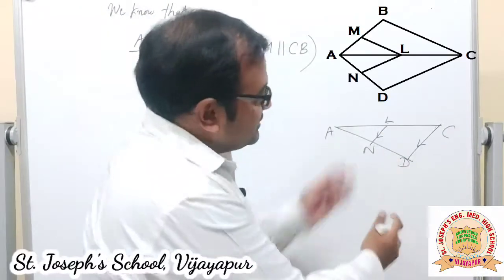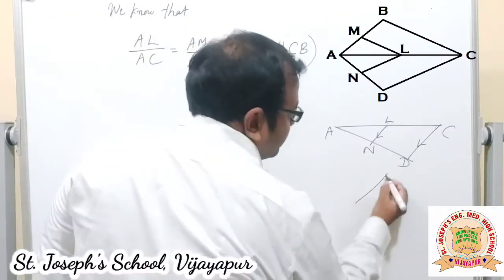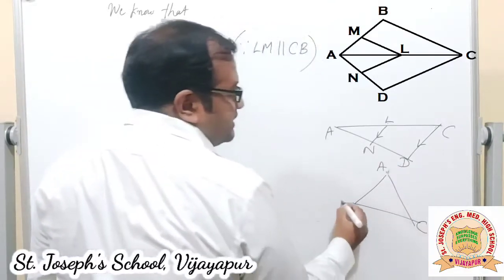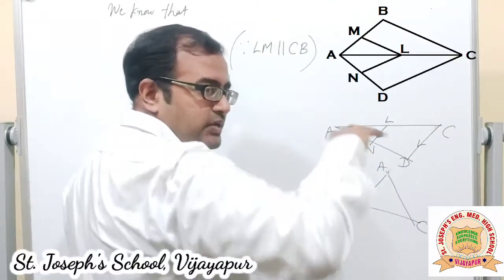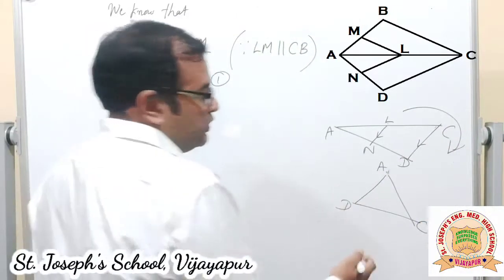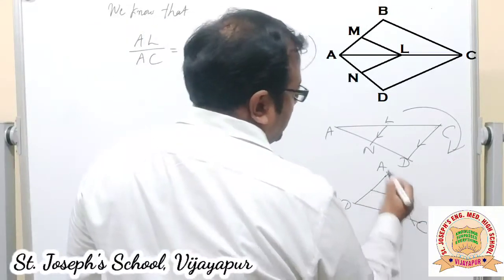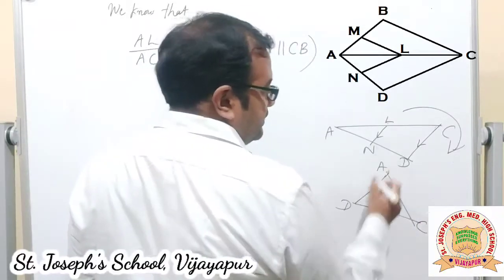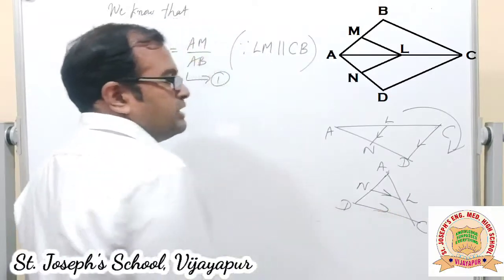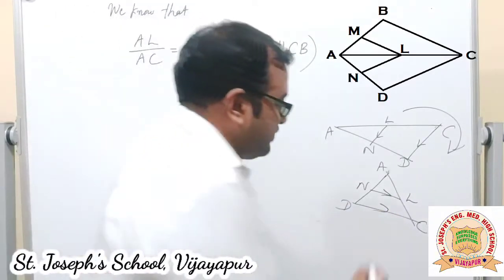So if I rotate this triangle such that A is here, C is here, D is here, I'll take DC as the base. You could rotate it clockwise. So what you will get? ADC is the triangle and NL comes somewhat like this. It's not an exact diagram, I have just drawn a rough diagram here.